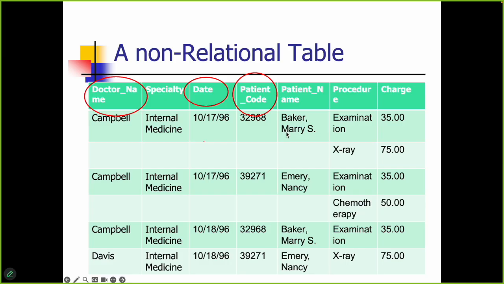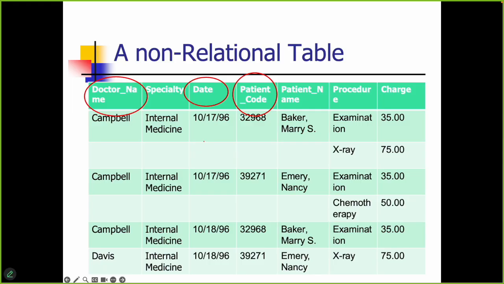So let's say the patient name is Baker, right? So patient code is unique, right? So now the patient code, which belongs to Baker, at this specific date goes to this doctor, and may still be doing different procedures on that day. So this may not even be the primary key. I don't know if I'm clear.